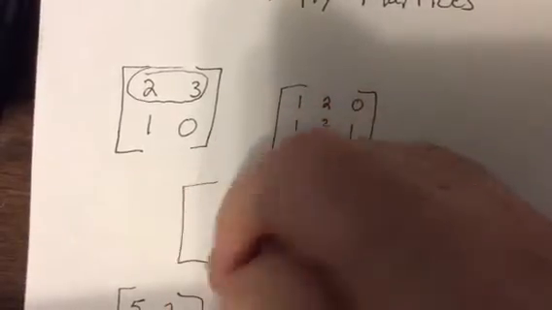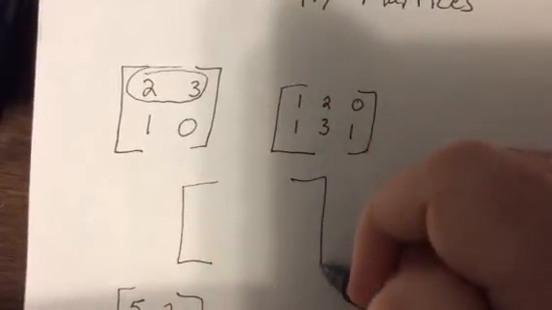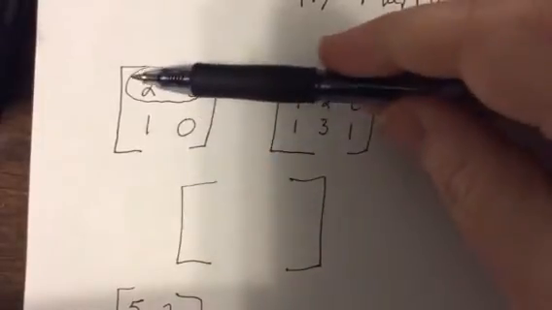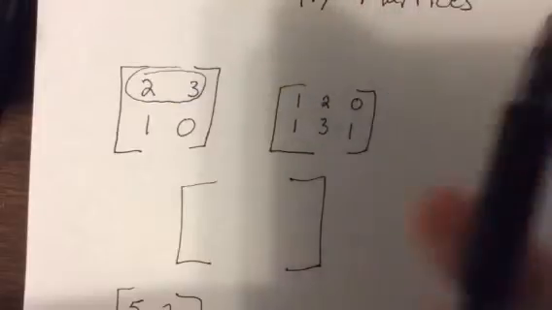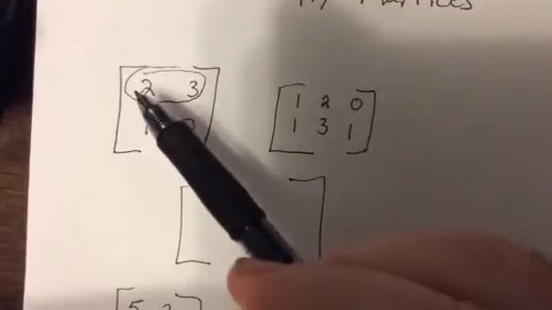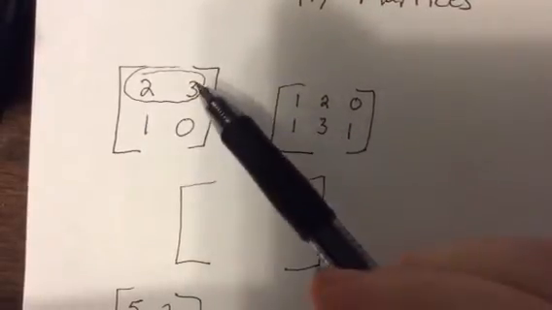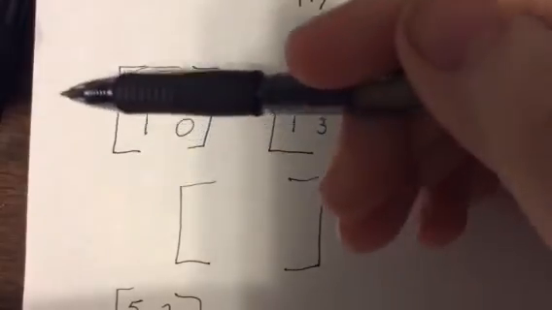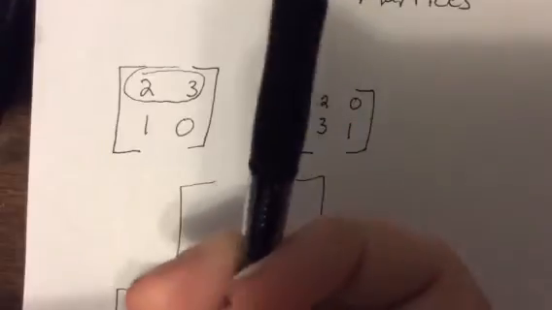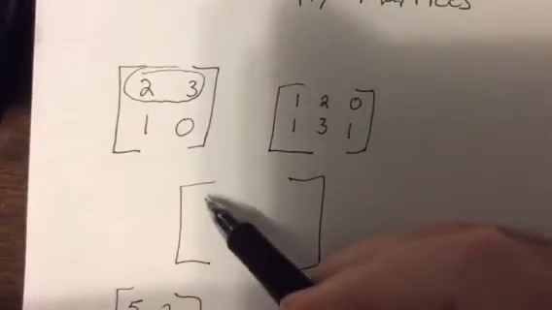So let me do this. You'd have 2 times 1 plus 3 times 1. So the 2 is multiplied to the 1. The 3 is multiplied to this one. That'd be row 1, column 1. So row 1, column 1 is right here.